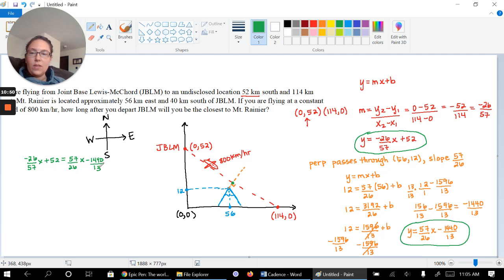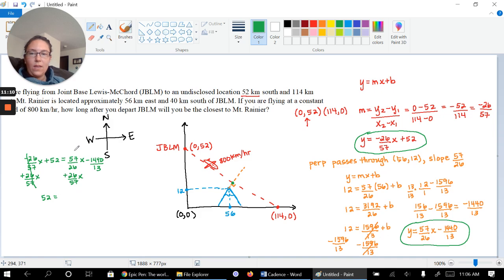So we will solve this equation for x. First thing we will do is move the x terms to the same side of the equation. So we're going to add 26 over 57x to both sides. Okay, so then we have 52 equals.